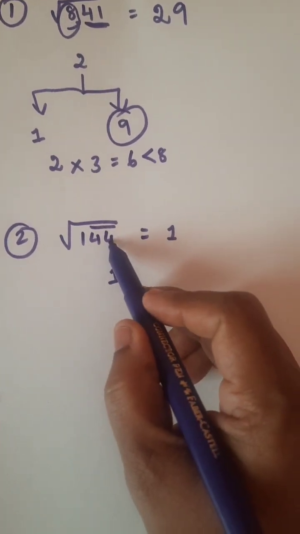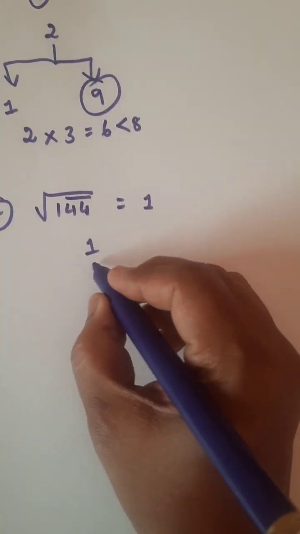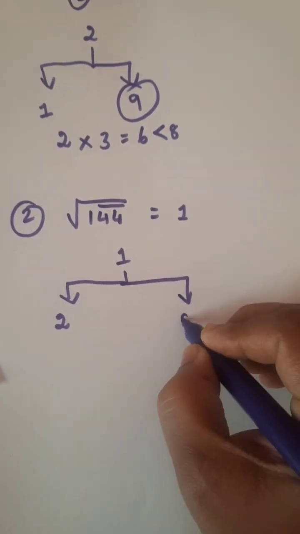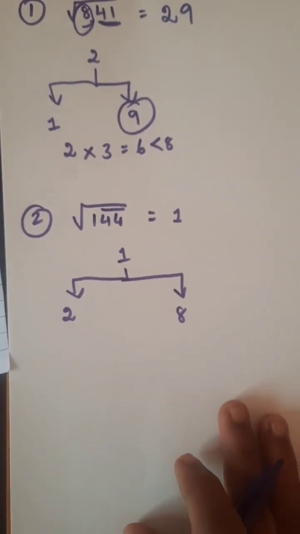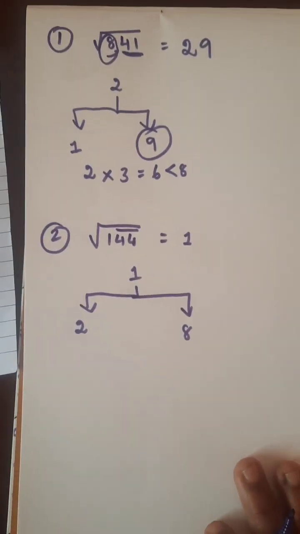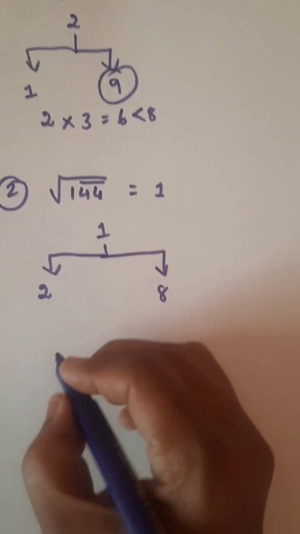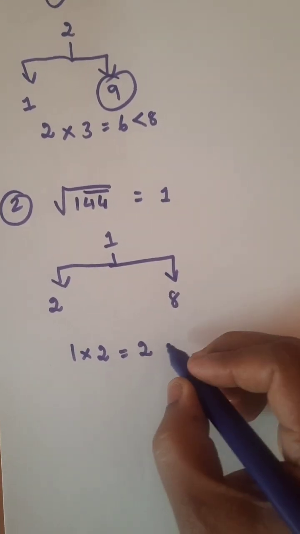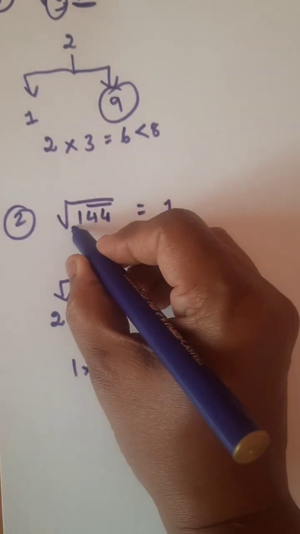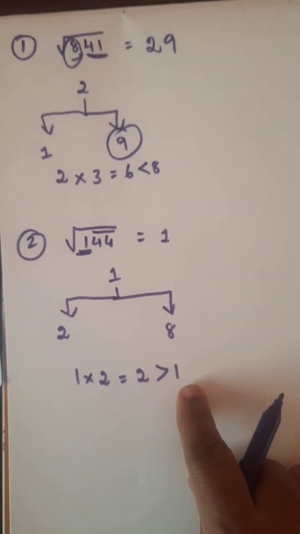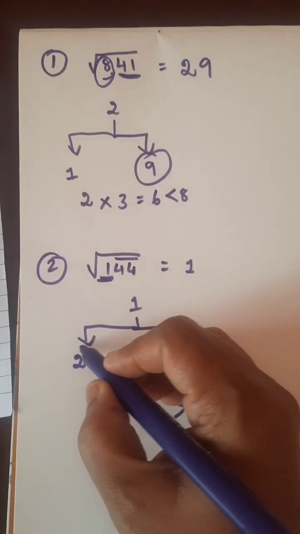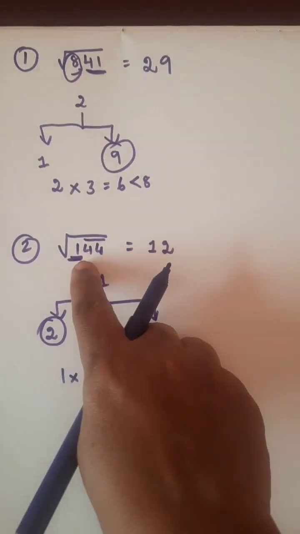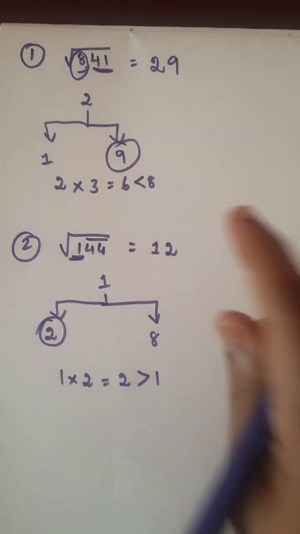The last digit is 4, so the root could end with 2 or 8. To find out which one, take this 1 and multiply by the next number, 2, and you get 2. This 2 is greater than 1. That means you have to go for the smaller number, that is 2, so it is 12. Root 144 is equal to 12.